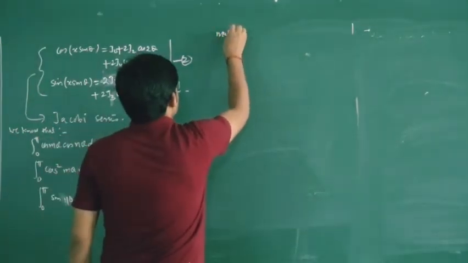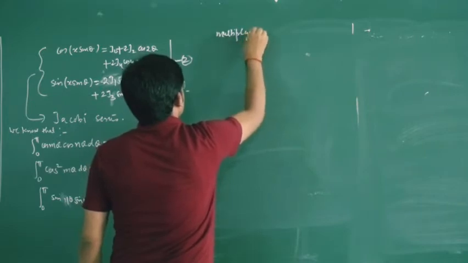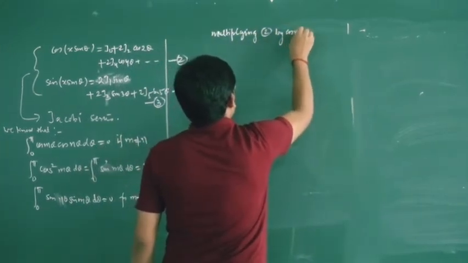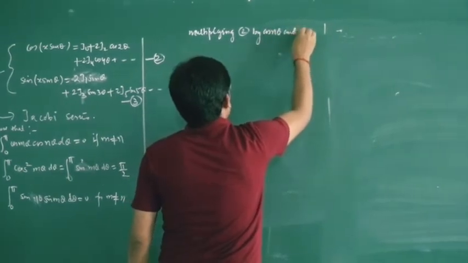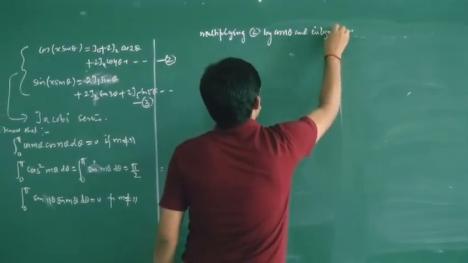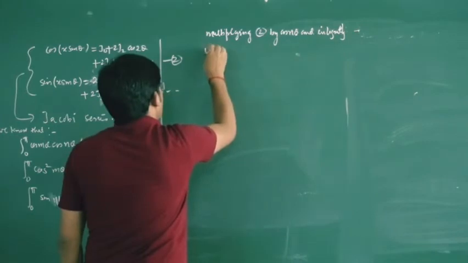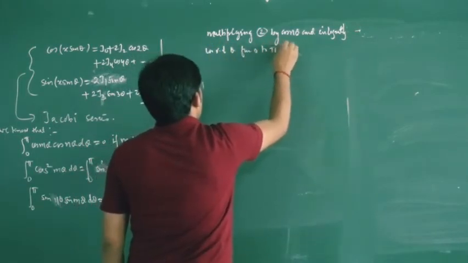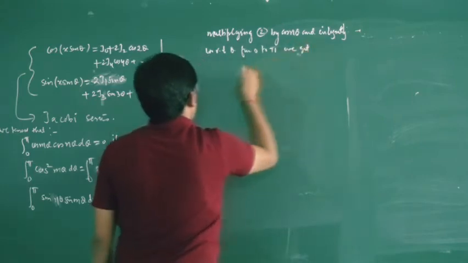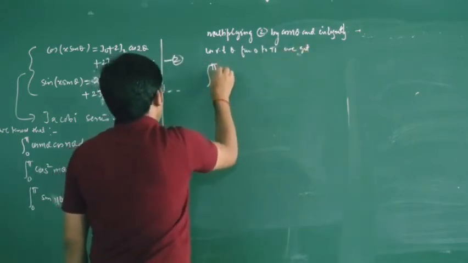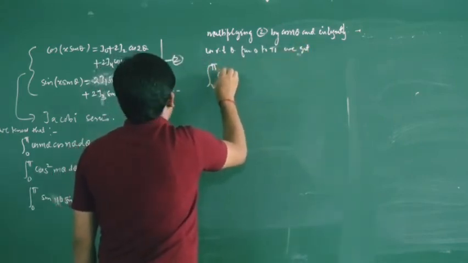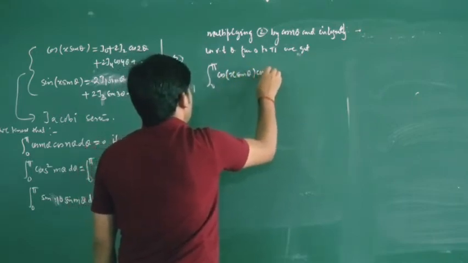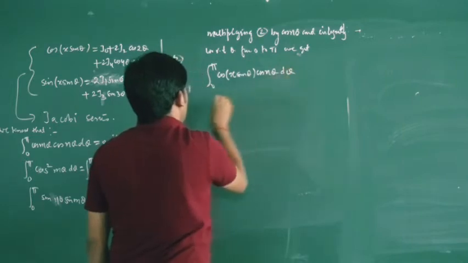Multiplying 2 by cos n theta and integrating with respect to theta from 0 to pi, we get, on the left hand side, the integral from 0 to pi of cos of x sin theta into cos n theta d theta. So this will be your left hand side.